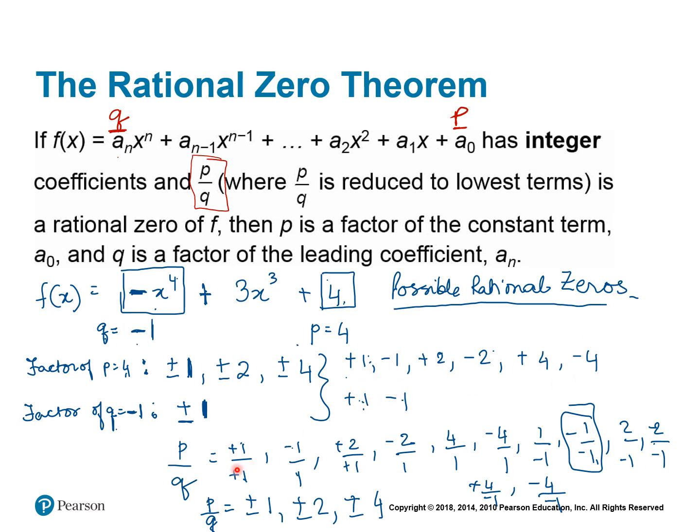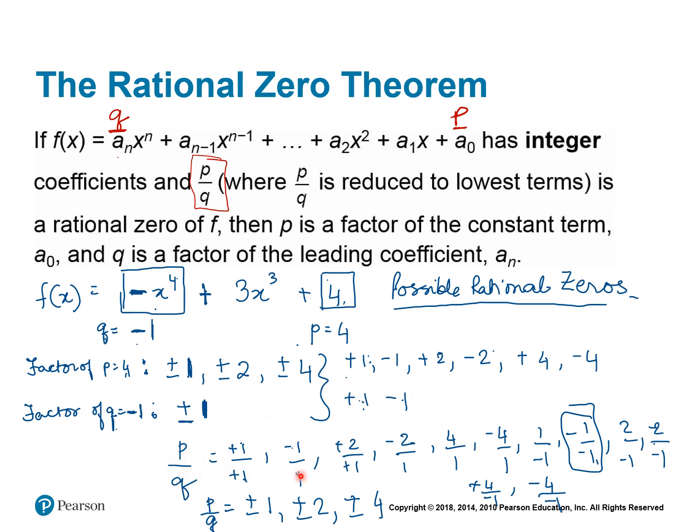Once we've completed that, we start again with the next factor of Q, in this case -1. So 1 over -1, -1 over -1, 2 over -1. And if there were more factors of Q, you would keep going through that process of coming up with the ratios.